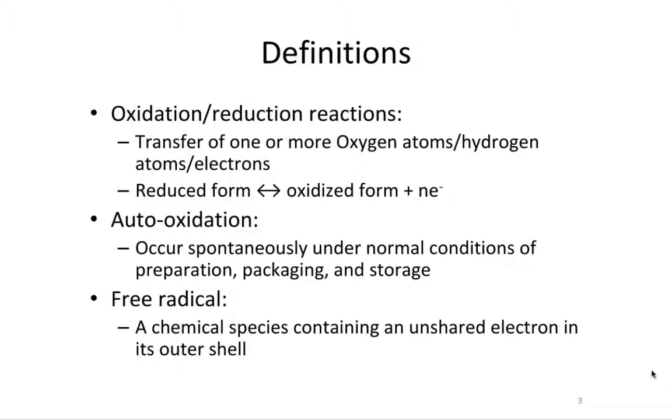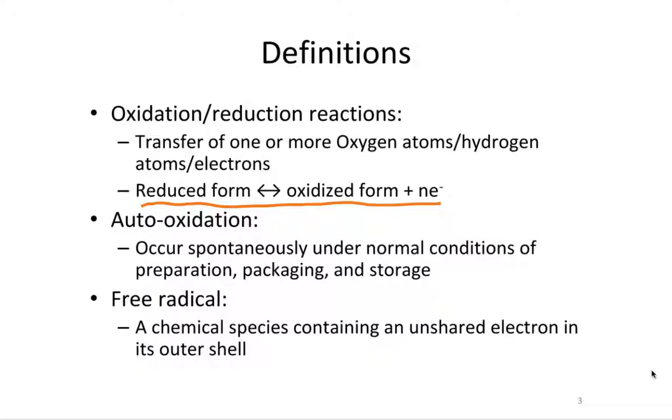We'll start with definitions as usual. Oxidation reduction reactions. You know this. Typically, it involves transfer of one or more oxygen atoms or hydrogen atoms or electrons. The reduced form typically gets converted irreversibly to the oxidized form with a loss of n number of electrons. That's what this equation means.